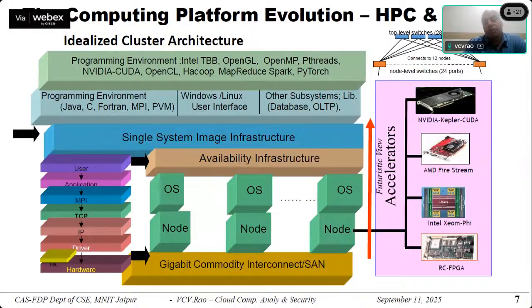Today the programming paradigms are basically NVIDIA GPU CUDA programming, OpenCL, which runs on all devices including AMD and Intel, and Hadoop MapReduce and Spark. PyTorch is GPU enabled, and now PyTorch is also completely MPI enabled. That means PyTorch runs distributed training directly.